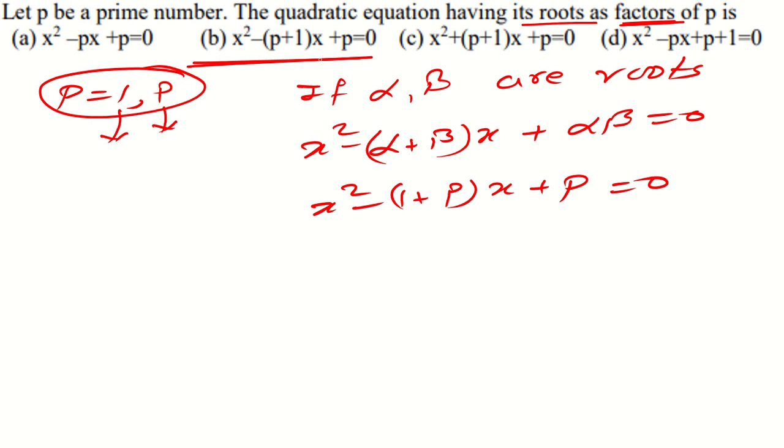So I think this is the answer. You see? What was the key factor here? The key factor was to know the meaning of a prime number: a number whose only factors are 1 and the number itself. And then this is the standard formula you have studied in polynomials.